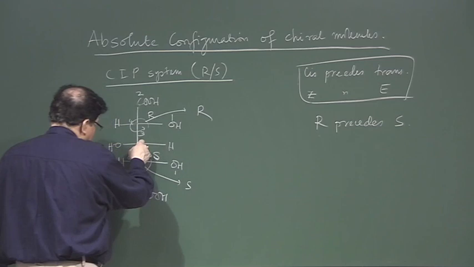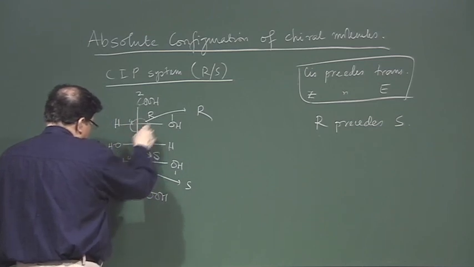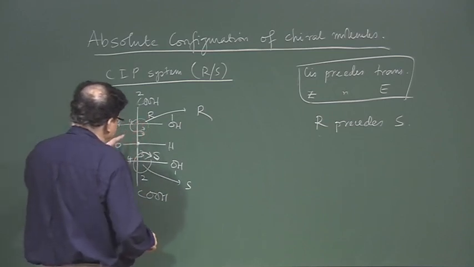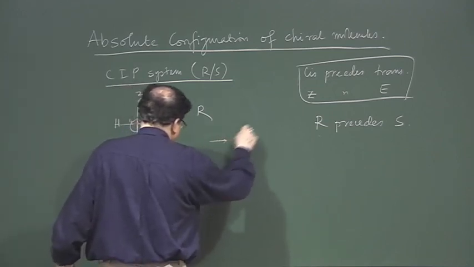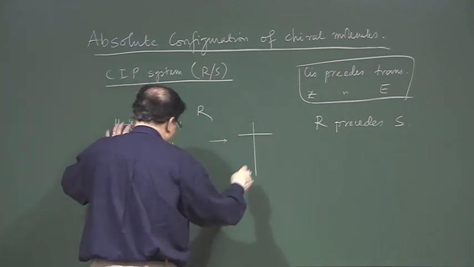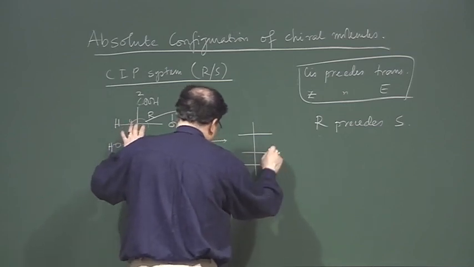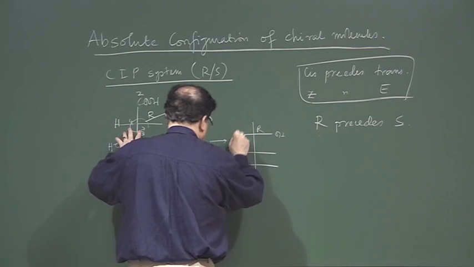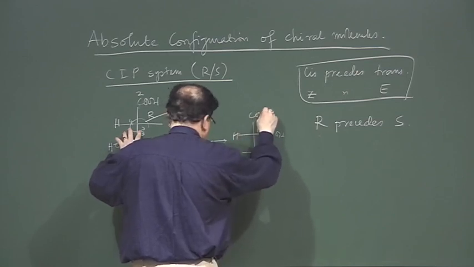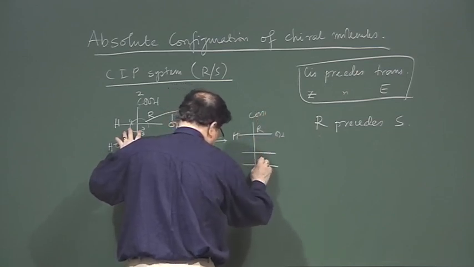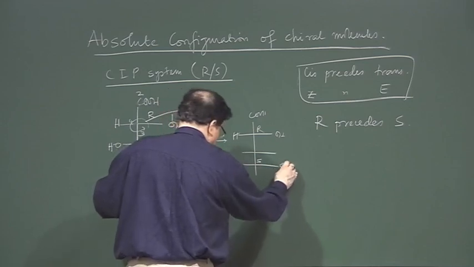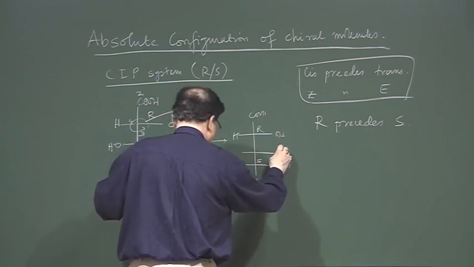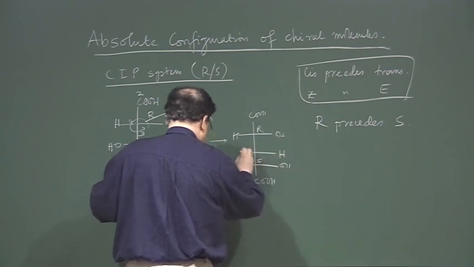This is the carbon where this group is R and that group is S. So, if you now do the priority sequence, maybe I can just do it here, because that figure looks complicated or cumbersome. So, this is R, which is on the right, this is CO2H, and this is in the S configuration, which is on the right, and H is on the left, CO2H, and this is OH, this is H and that is OH.